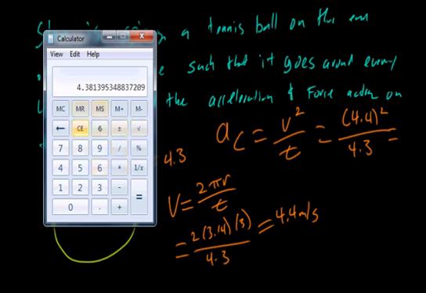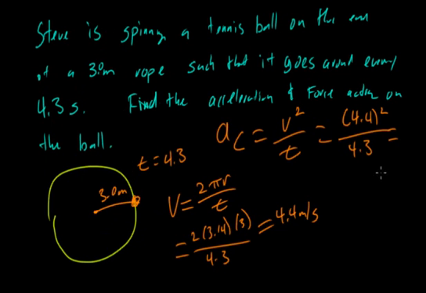So 4.4 times 4.4 divided by 3.0. And so we get about, that's what I expected, the acceleration is about 4.5 meters per second squared.